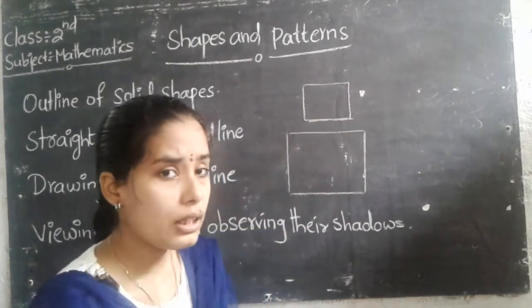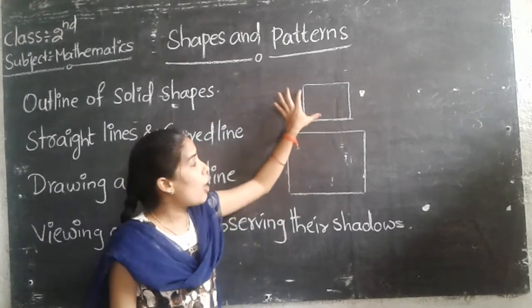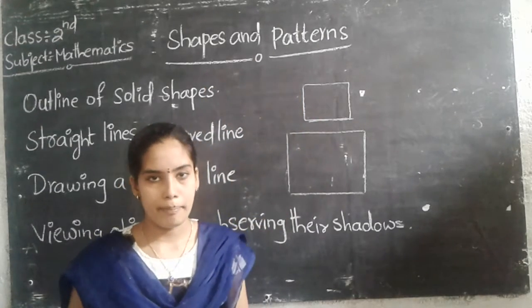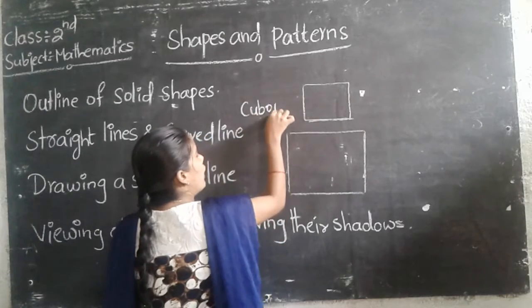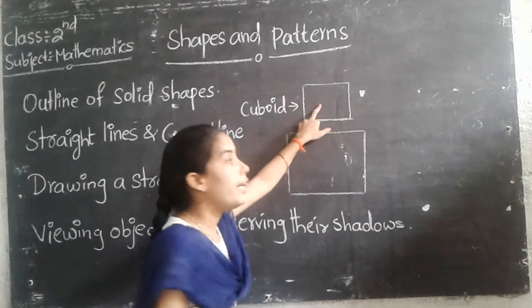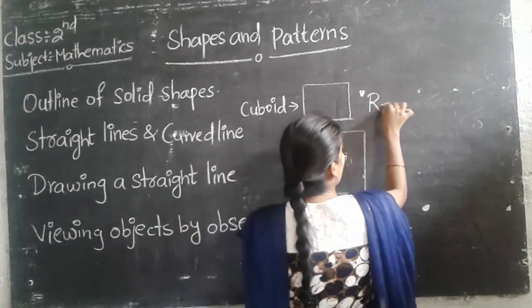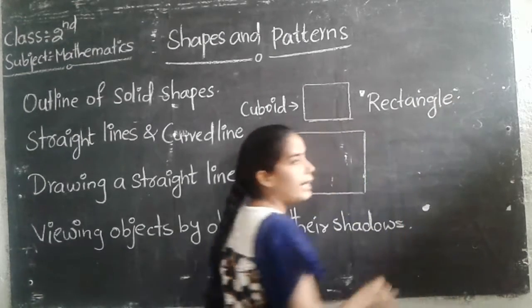So, here we are taking a solid shape, but the outline part is a plane shape. We take a cuboid, but the outline part is in the shape of a rectangle.